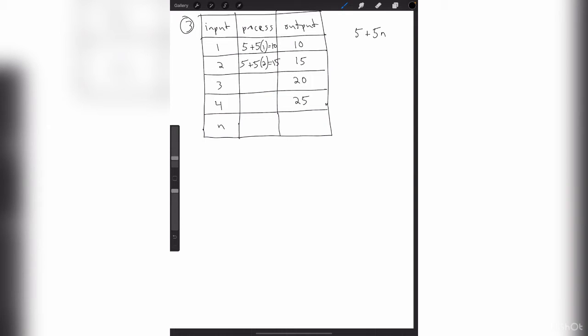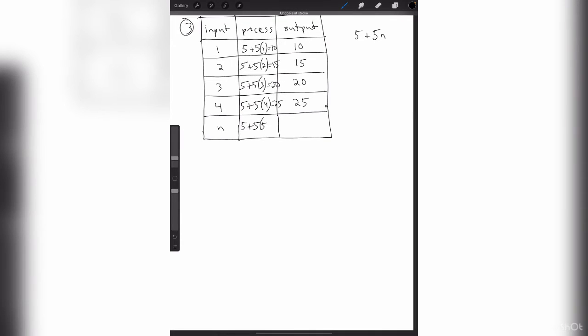All right, once again, 5 plus 5 times 3. 15 plus 5 is 20. 5 plus 5 times 4 is equal to 25. And then 5 plus 5 times 5. Whoops, I'm already going ahead of myself there. I'm already looking at the nth term. Look at that.